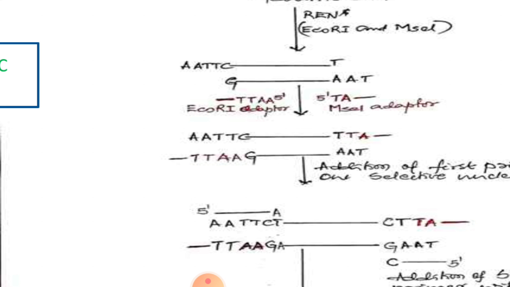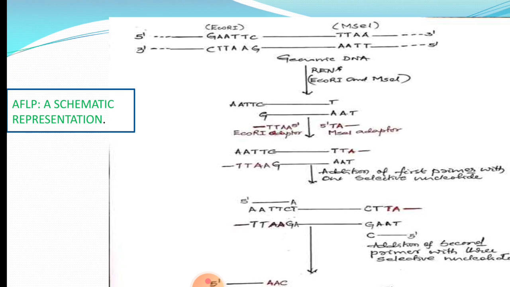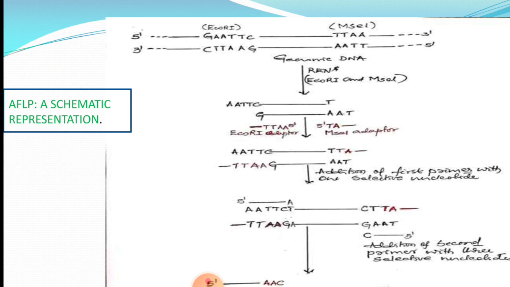Then the DNA fragments can be amplified with AFLP primers, each having only one selective nucleotide. In the initial stage, you will add first primers with one selective nucleotide, okay? And you will get the PCR products.